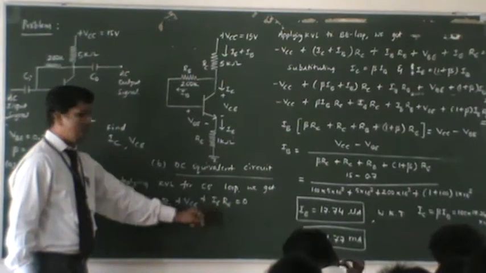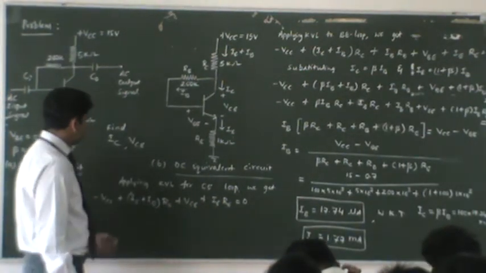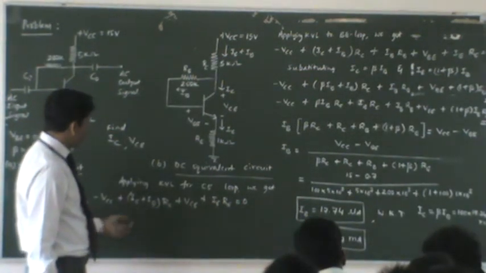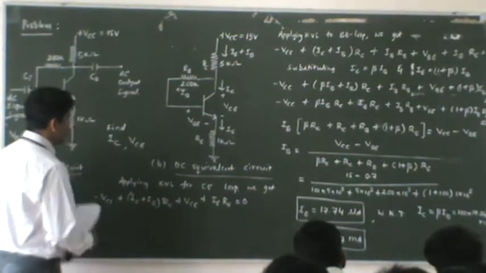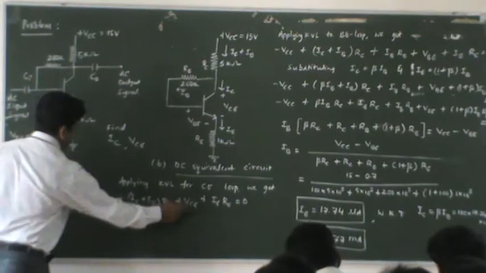IE you can make equal to IC. IB is already known. You can substitute and easily find out the value of VCE from this.